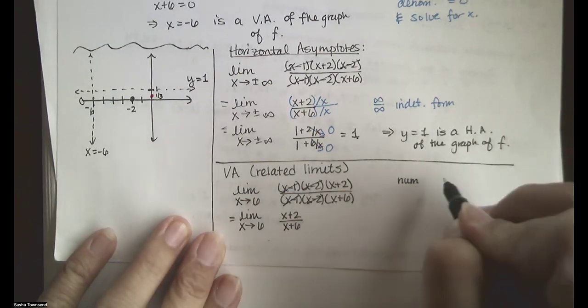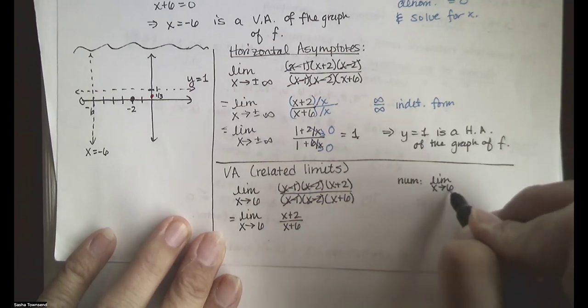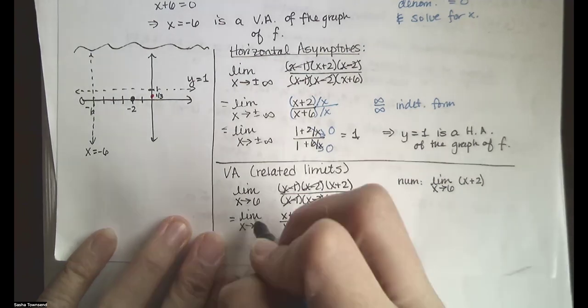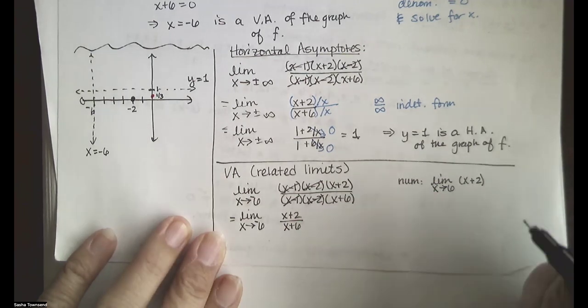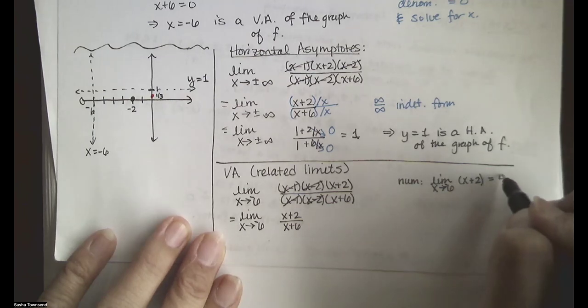In the numerator, as x approaches -6, our -6 plus 2 approaches -4.